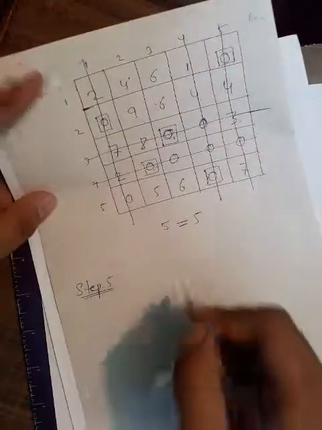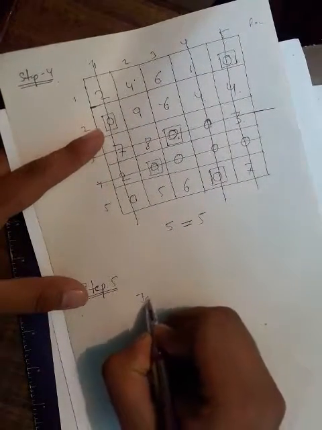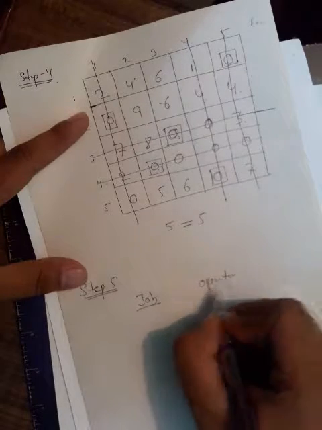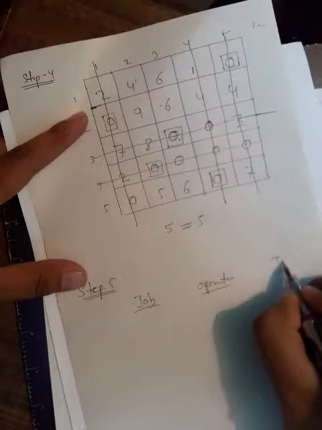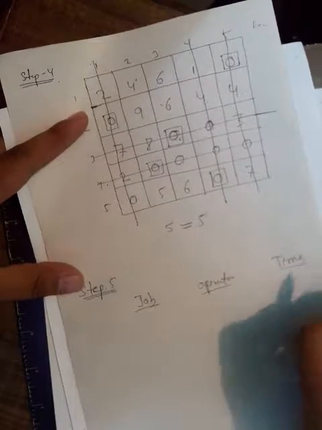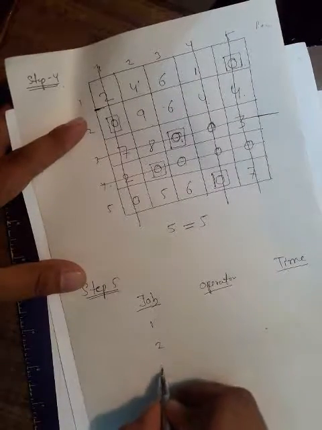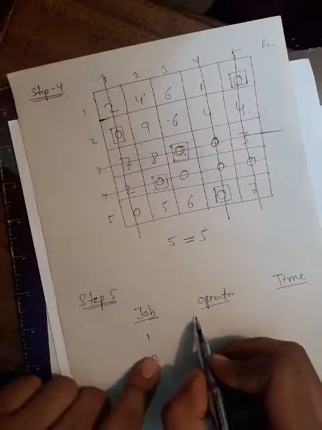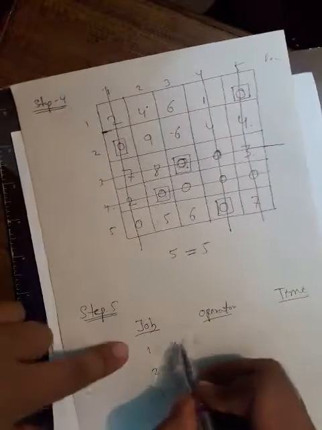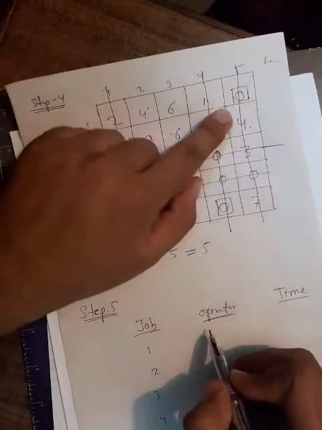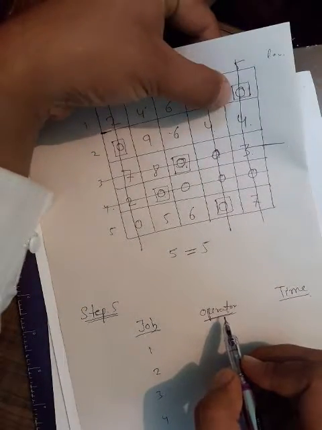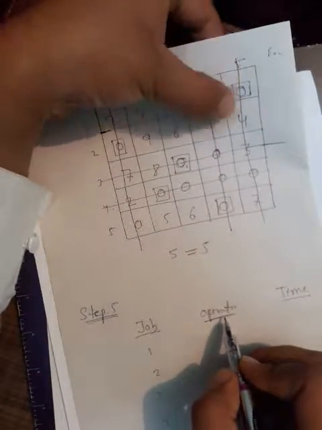So how will you find the total time taken? Right here is the job, here is the operator, and here is the time taken. So jobs 1, 2, 3, 4, 5. In the operator column, where the allocated value is 0: in the first row it is present at the fifth operator.